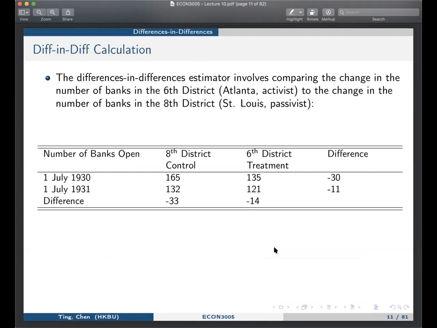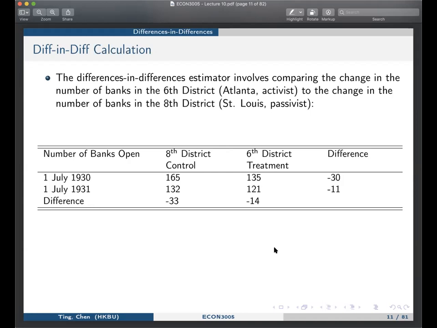So the difference-in-differences estimator does involve comparing the change in the number of banks in the 6 districts under the Atlanta Fed, which would be the treatment group because they are activists in terms of central bank intervention, to the change in the number of banks in the 8 districts under the St. Louis Fed.